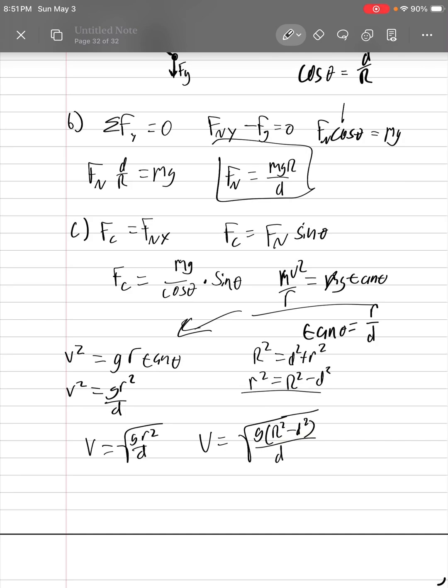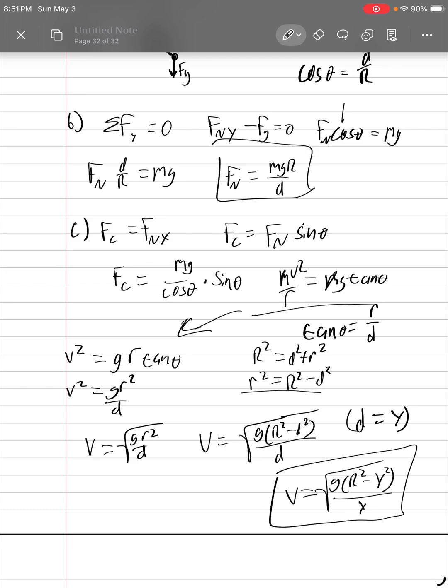And as long as d is equal to y, we can substitute d with y, and we'll have v is equal to the square root of g R squared minus y squared over y. And that is our answer for part C.